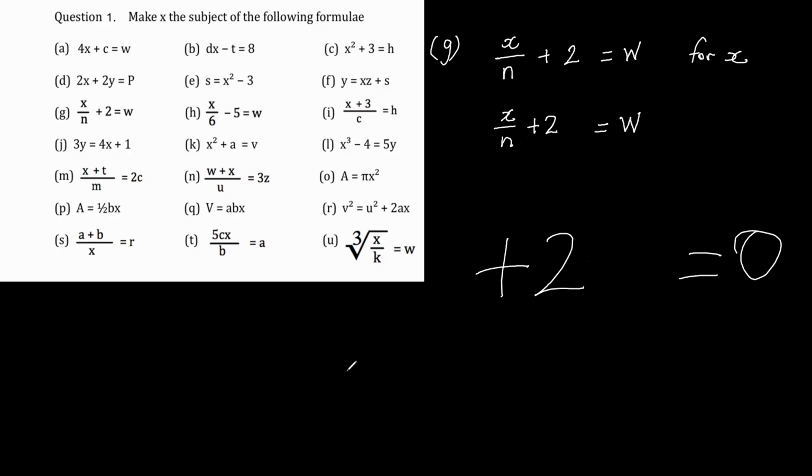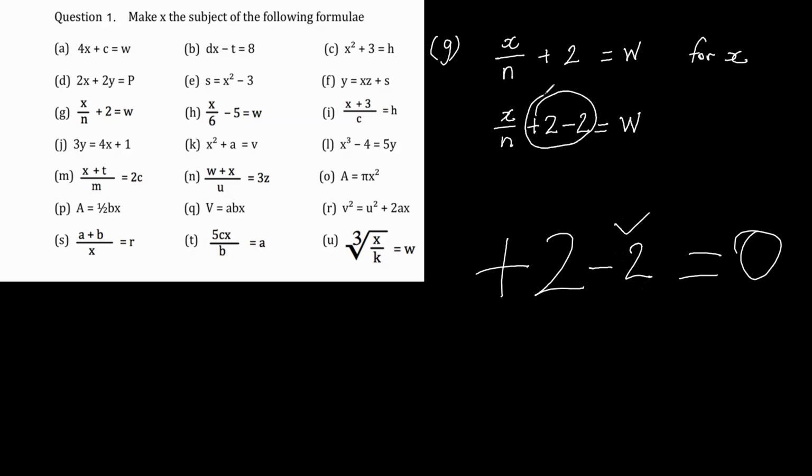What do I do? Shania, tell Faith. What do I do to get rid of the 2? You would take away 2. Very good. I take away 2.